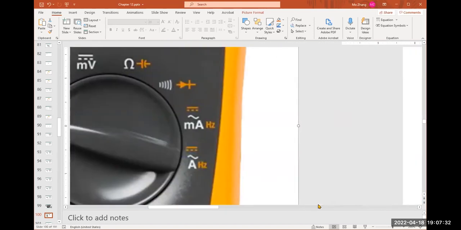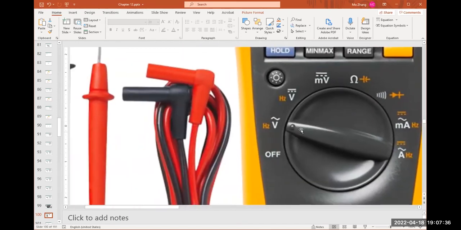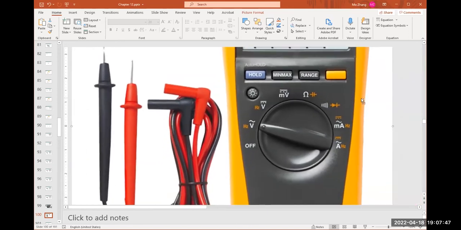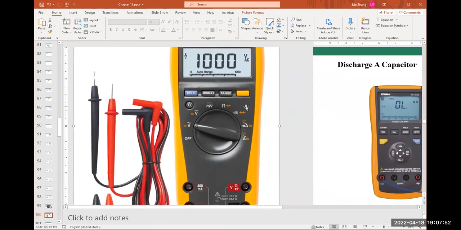If you spin the knob to here, not the omega, the other one, and then click on the yellow button, this multimeter can measure capacitance, how large the capacitor is.